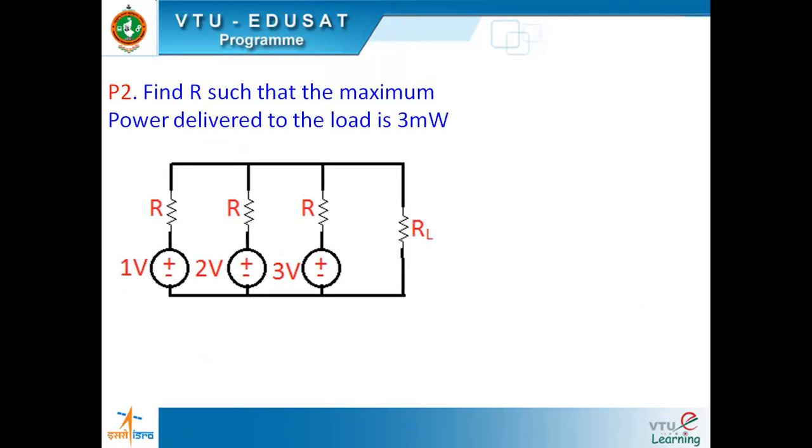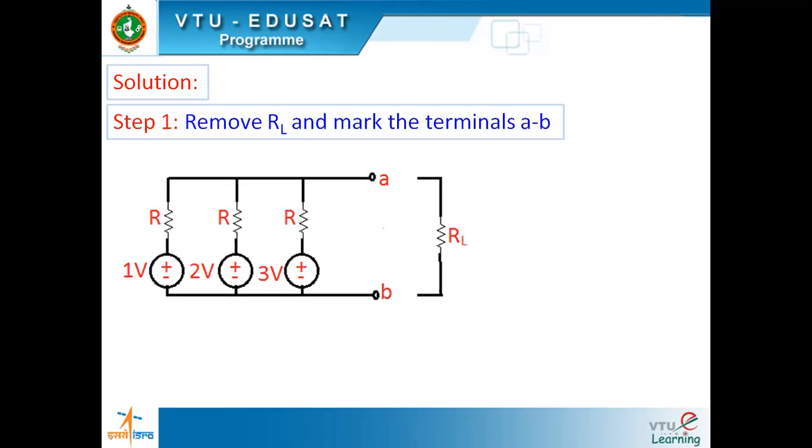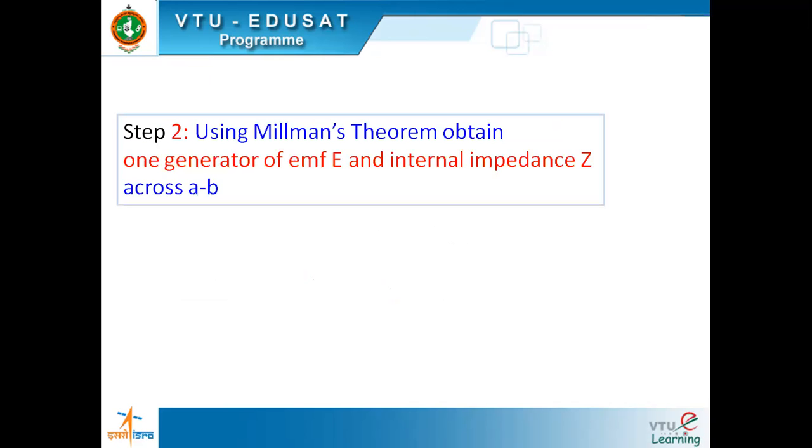That is this. Find R such that the maximum power is delivered to the load, it is saying. So suddenly they are asking us the maximum power transfer theorem. Let's do this. Using Millman's theorem, obtain one generator of EMF E and internal impedance Z across AB.